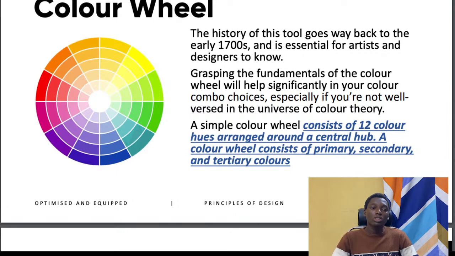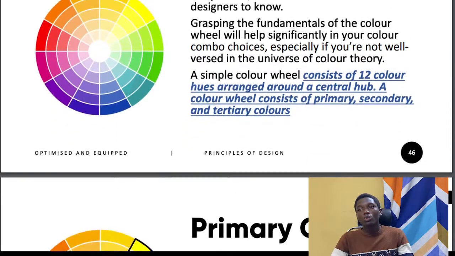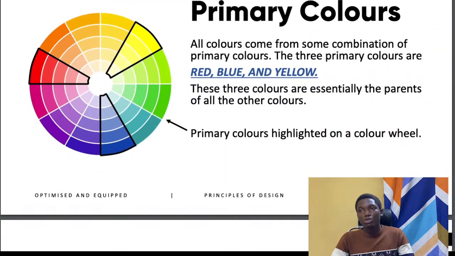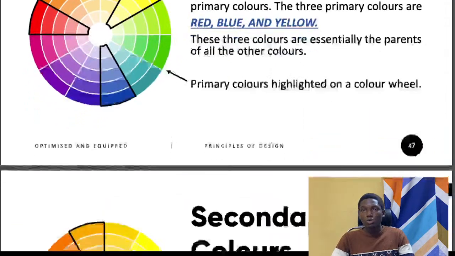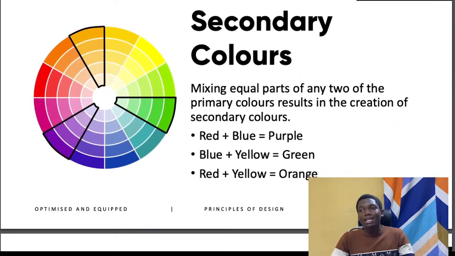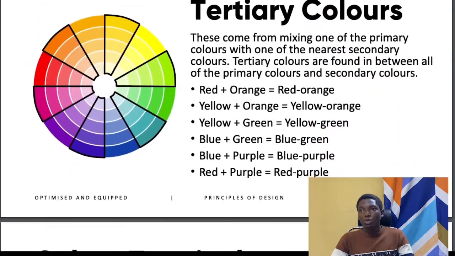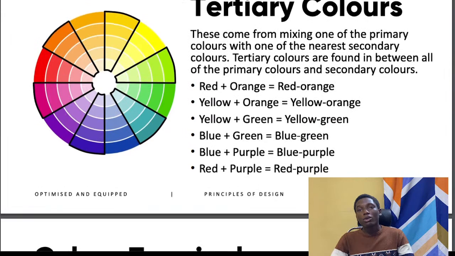And when you see anywhere they are talking about color wheels, this is the terminology to represent it. Then we have the primary colors, which are red, blue, and yellow. We have the secondary colors, which are combinations of two primary colors.